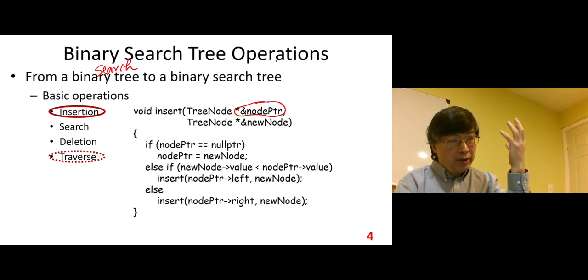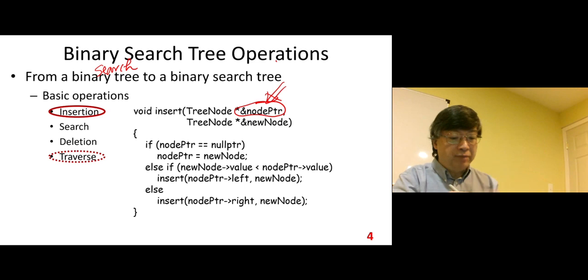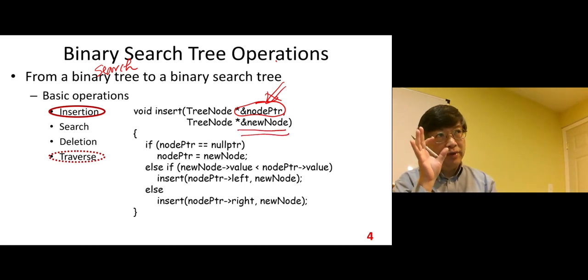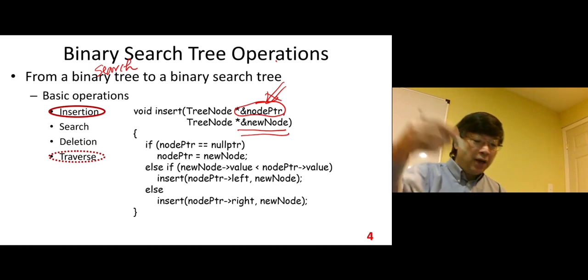So we treat this node as the root node of one subtree. The new node contains a certain key. Now you do the insertion.